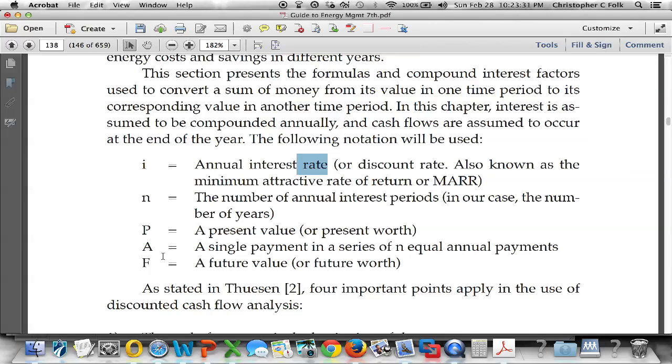Capital letter A is a single payment of a series of N, meaning whatever number of years, of annual payments. So you can think of the letter A as annual payments, and finally F is the future worth. So there's a P value, an A value, and an F value, and they're all based on the interest value and the number of years in which it's going to be borrowed.